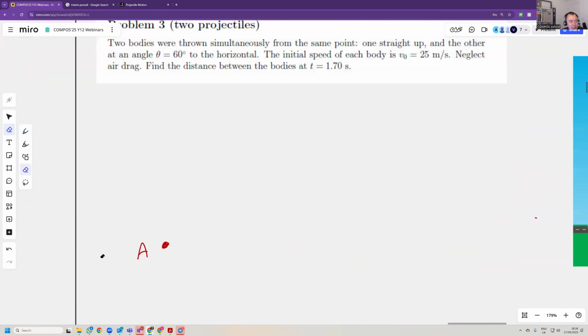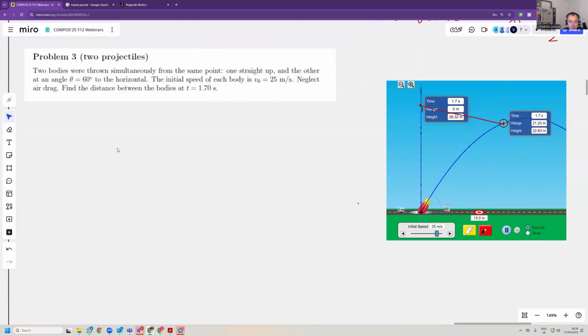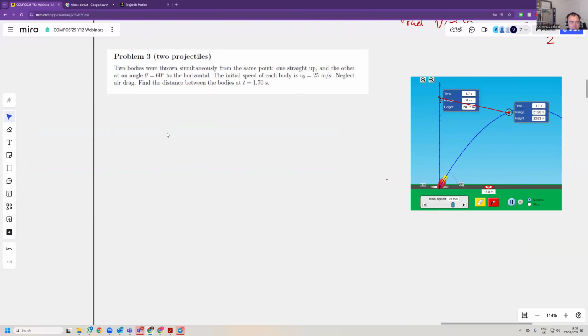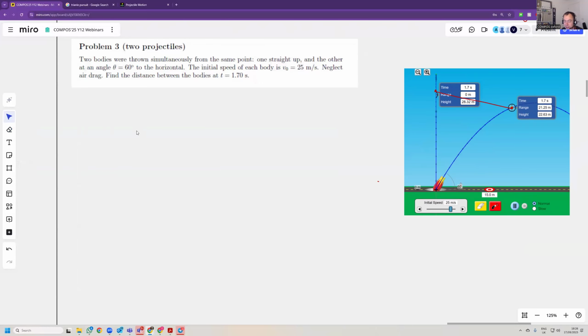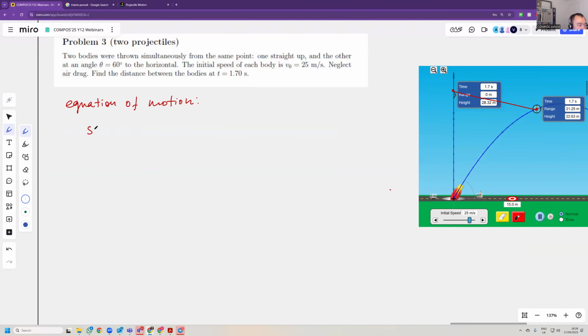I'm going to write down the equation of motion for the two particles. The equation of motion of a particle, because this is constant acceleration. You know this as the SUVAT equation: S is ut plus 1/2 at squared.